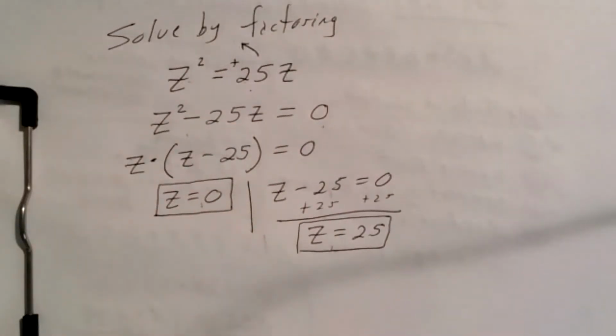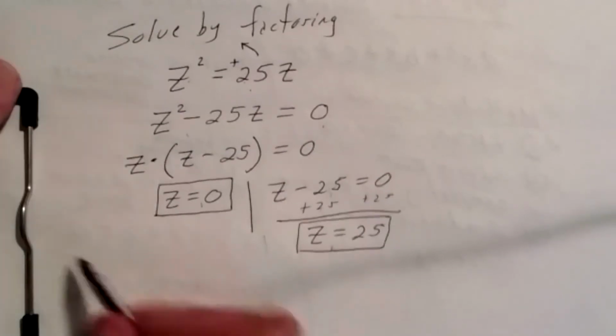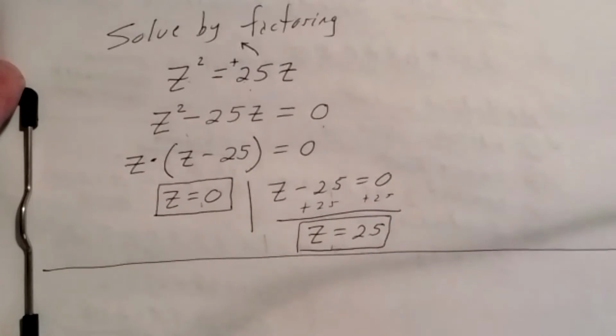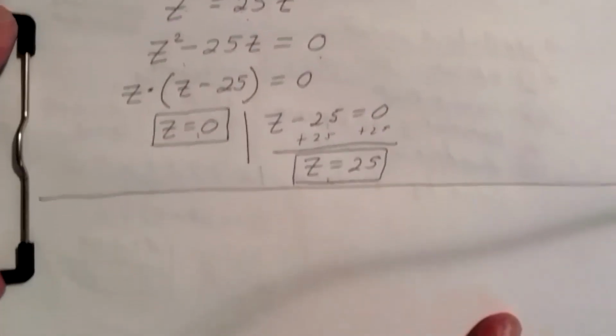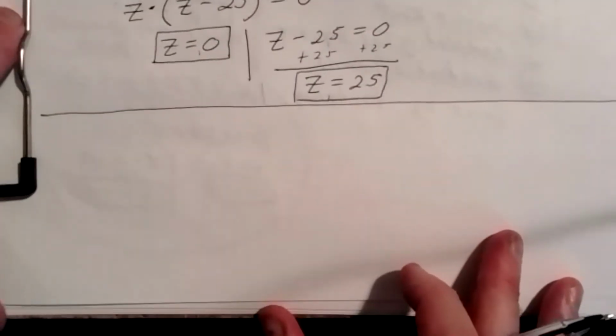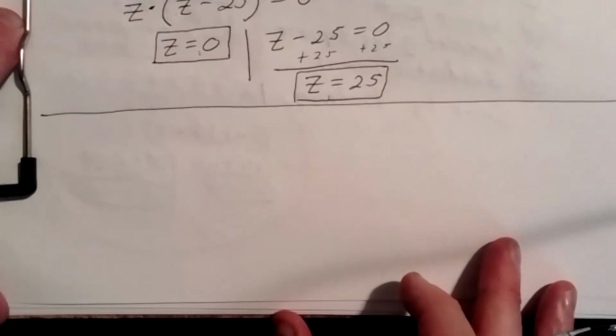It's called the factoring method. Is this factoring method making any sense here? Yes. So obviously we have to know how to factor polynomials in order for this technique to work here. All right. So that's called the factoring method.